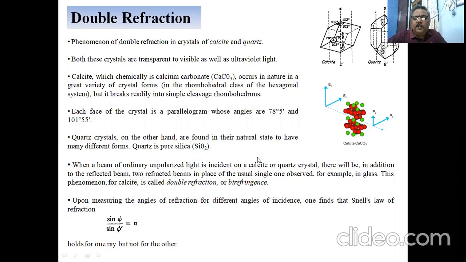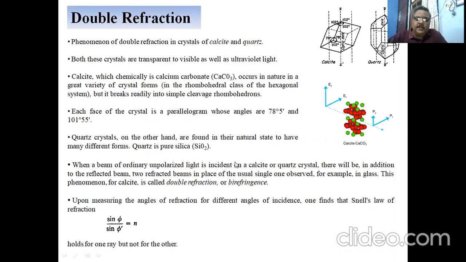The other one is the quartz crystal, which is chemically pure silica, SiO2, silicon dioxide. When a beam of ordinary light is incident on a calcite or a quartz crystal, there will be, in addition to the reflected beam, two refracted beams in place of the usual single one observed. This conversion of one incident beam into two refracted output beams is called double refraction or birefringence.